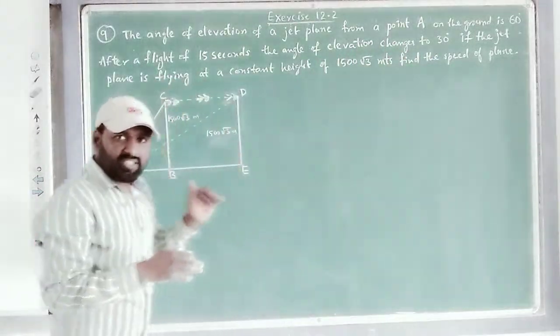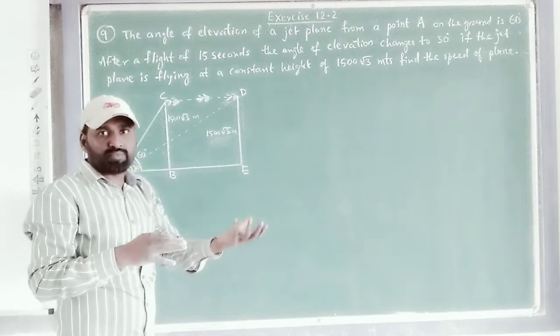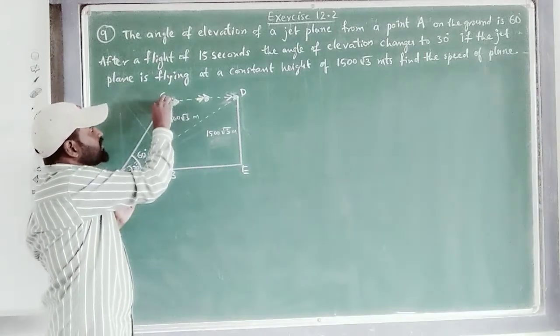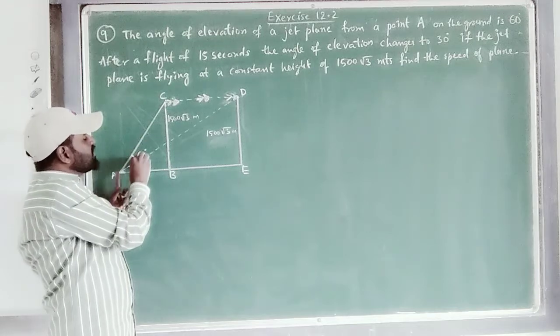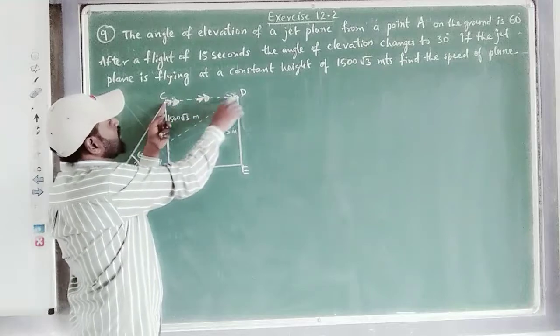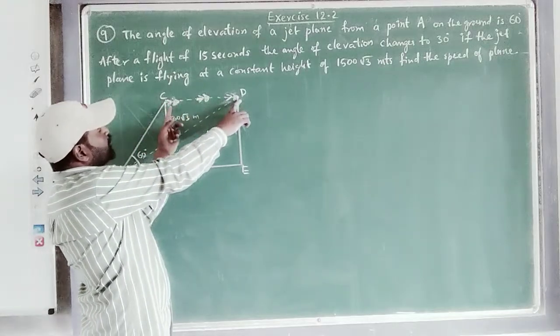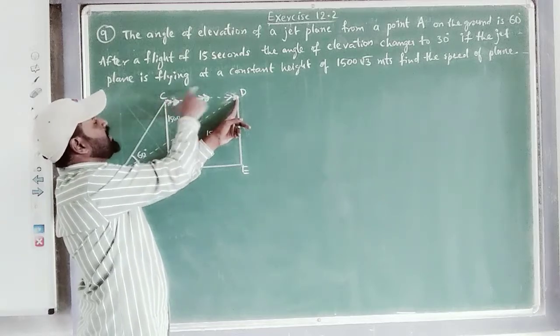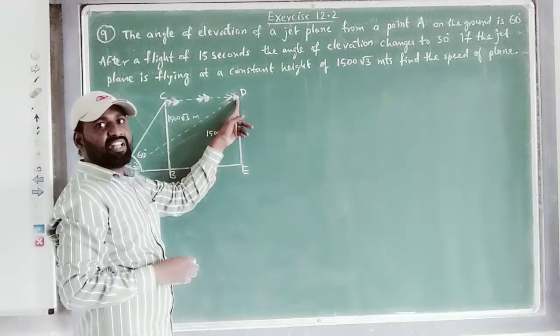That means for the first time when the plane was observed from point A, it is making an angle of elevation of 60 degrees. In 15 seconds it is traveling from here to here. Now the position of the flight has moved from here to here. To move up from here to here, it took 15 seconds.